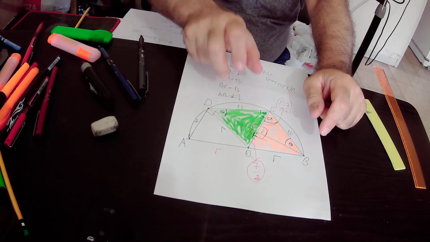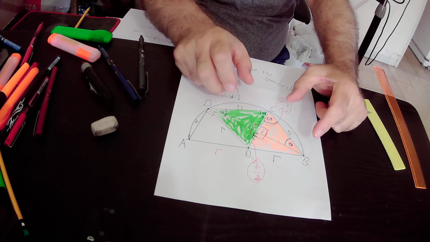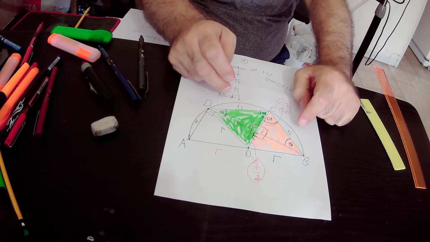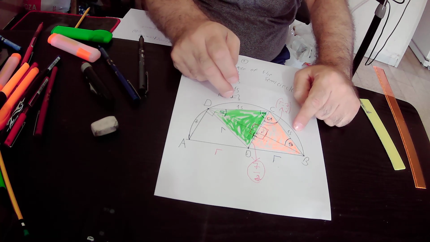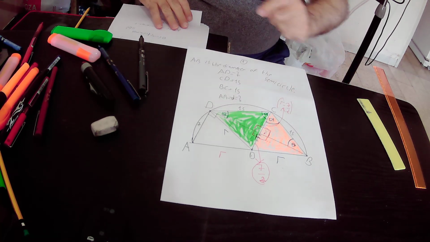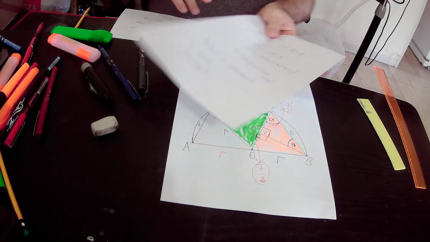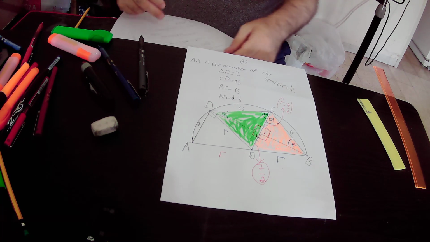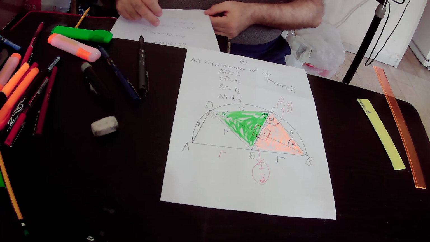Side DC of the green triangle equals side BC of the orange triangle. Both of those two sides are equal to 15 units. OD equals OB.